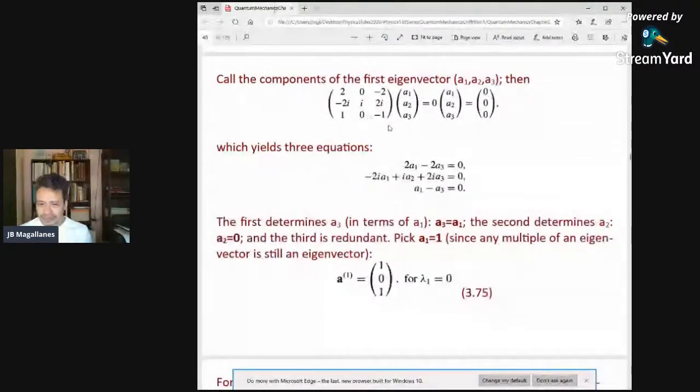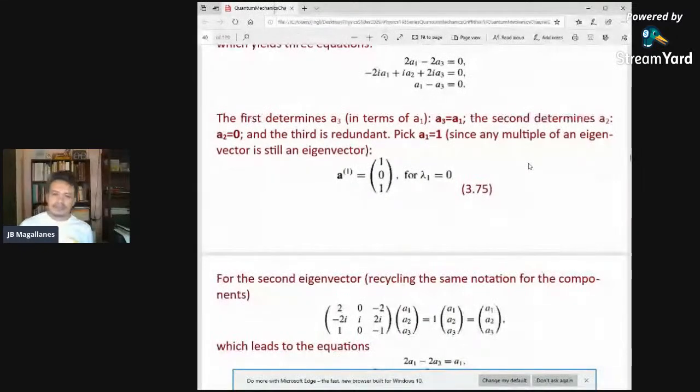The next one: a1 times negative 2i, a2 times i, then a3 times 2i. That is also equal to 0. And then a1 times 1, which is a1, a2 times 0, which is just 0, and a3 times negative 1, so negative a3 equals 0.